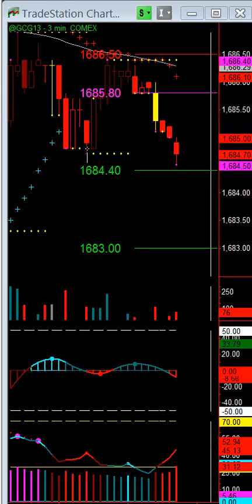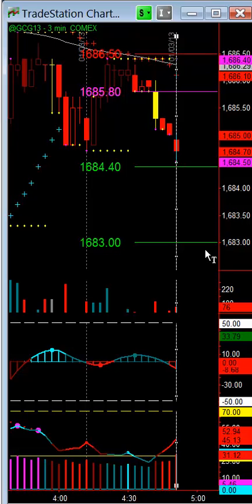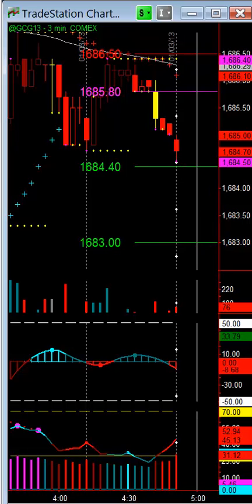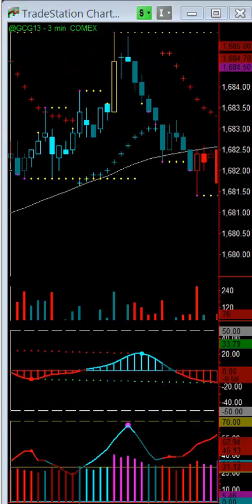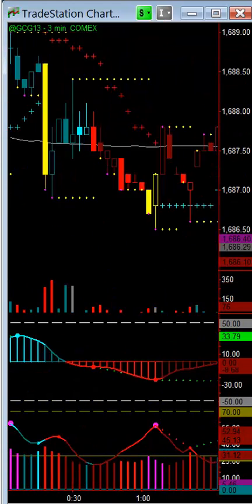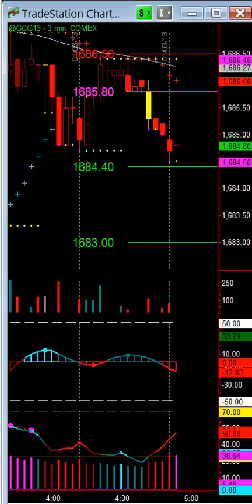What I'm really looking at right now is the difference between this volume and this volume here. As you can see, we do have divergence.